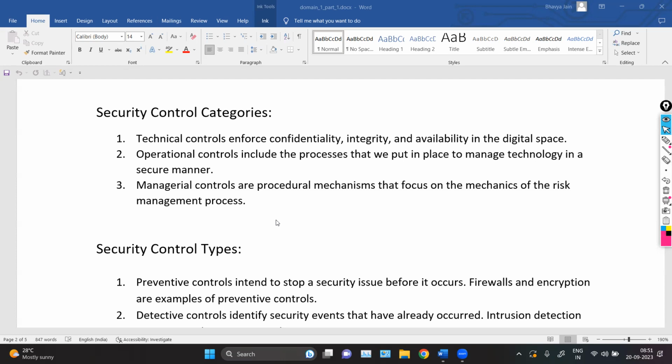Then we have managerial controls, which are procedural mechanisms that focus on the mechanics of the risk management process. Here we have a concept which is risk management. Risk management is all about managing the risk of the company, not business risk like how much profit or loss we will have, but the security risk.